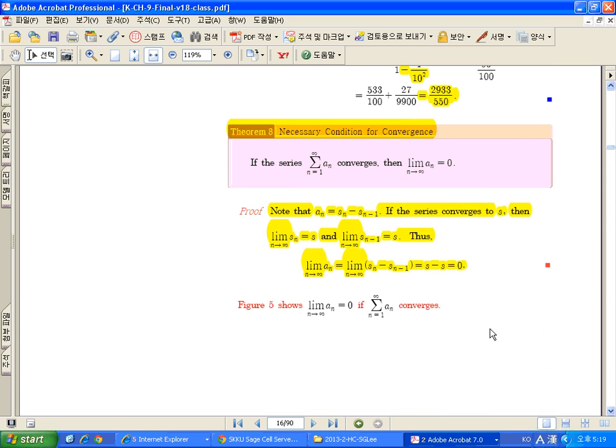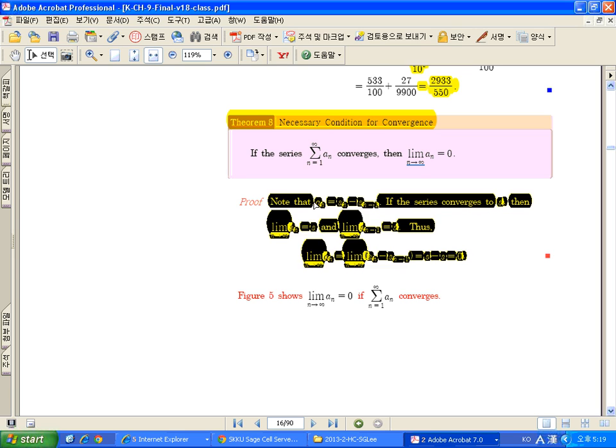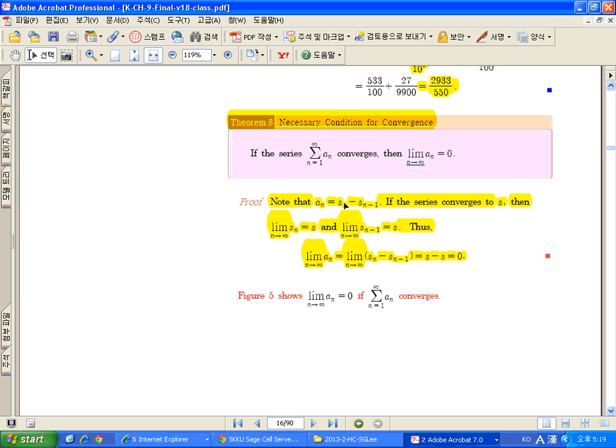We are almost there. The necessary condition for the convergence: if the series converges, then the sequence converges. Because if we write a_n is equal to S_n minus S_(n-1), this is true for all n.